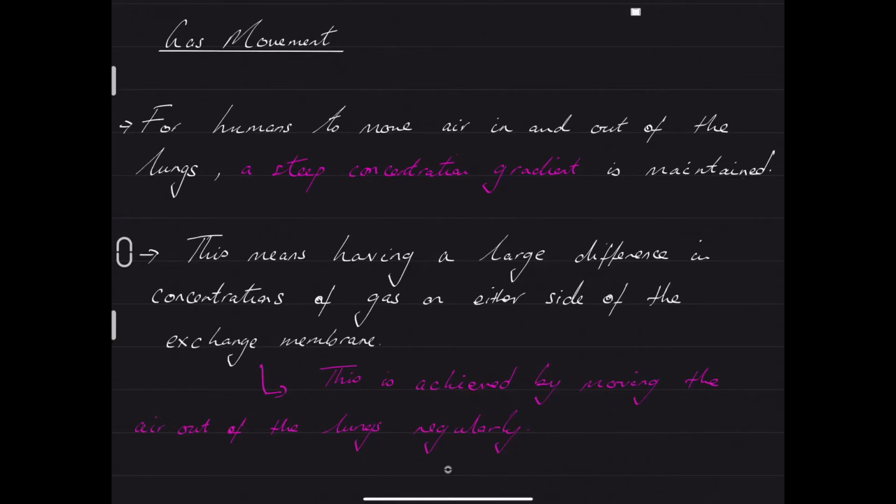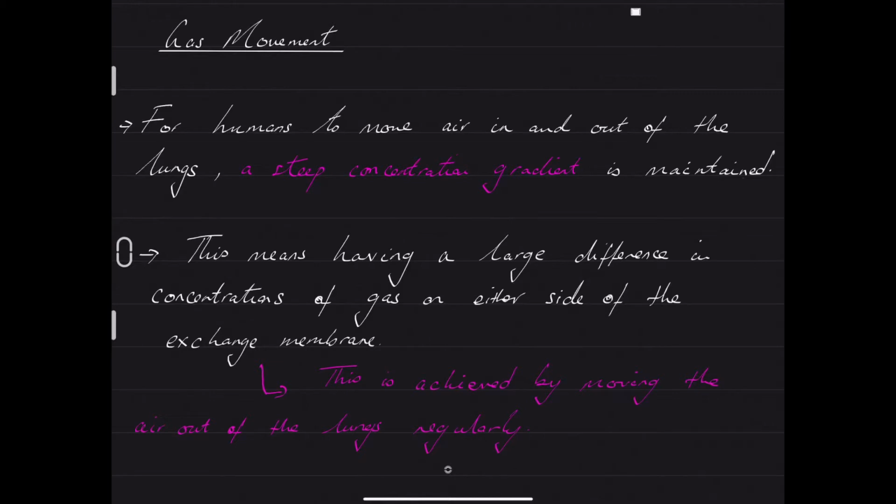So as I said, for gas exchange systems to work efficiently, you need to have a large difference in concentration of the gases on different sides of the exchange membrane, i.e. where the gas exchange takes place at the lungs. And many large animals, including humans, move air in and out of the lungs regularly, and this is how the steep concentration gradient is maintained.